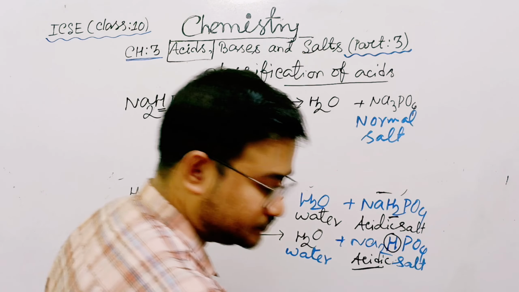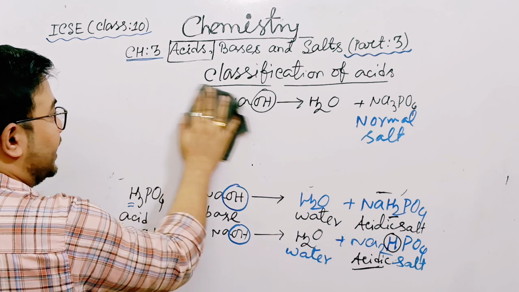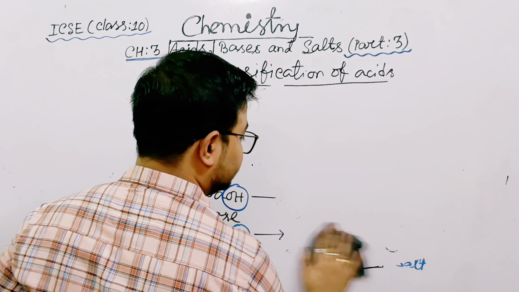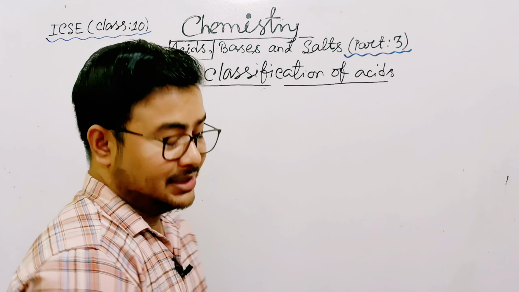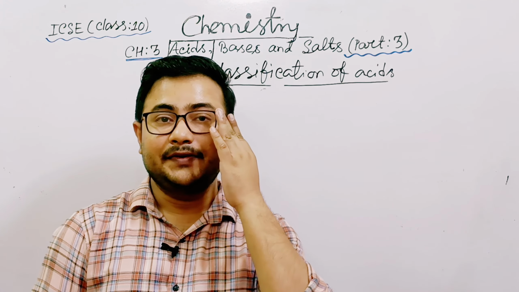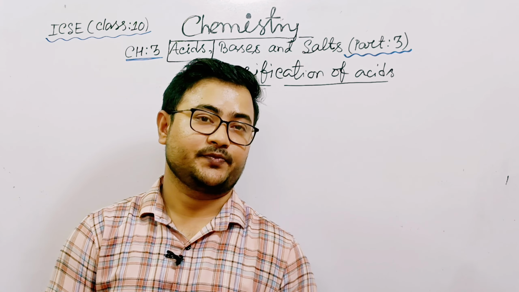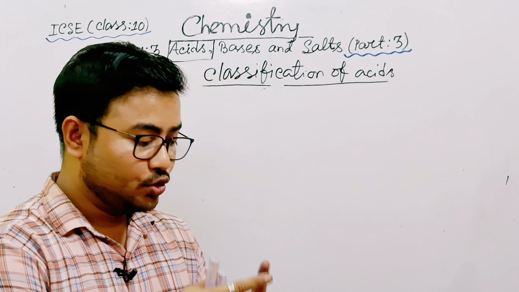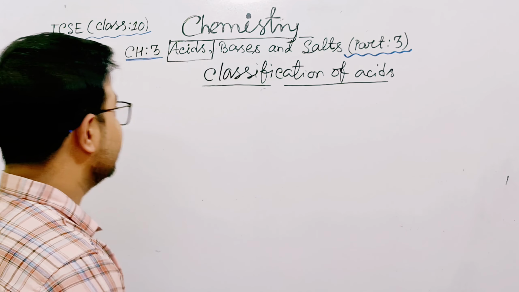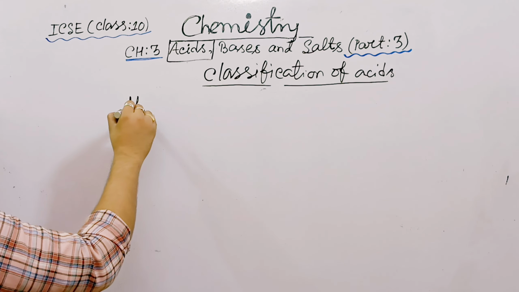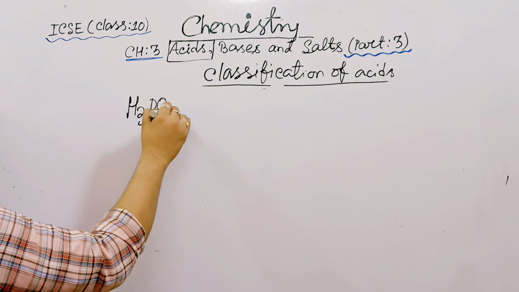So do you understand the importance of this concept? Okay, I have a question for you. Tribasic acid cleaves in how many steps? Obviously 3, no? Monobasic acid cleaves in 1 step, dibasic in 2 steps, tribasic in 3 steps. How? See, it is a tribasic acid.